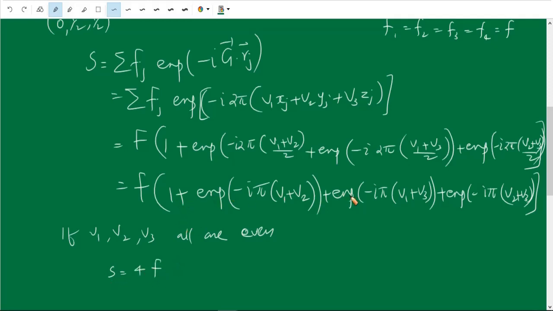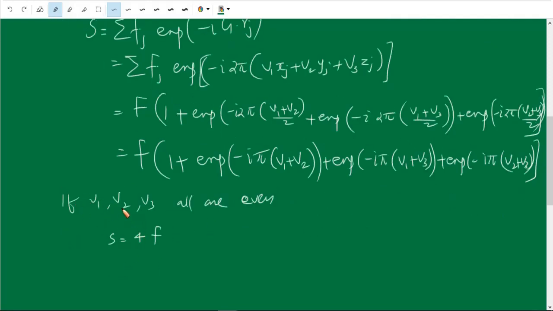Okay, 1 plus 1 plus 1 plus 1, so that is 4 into F. If V1, V2, V3 are all odd, then also S is equal to 4F, because V1 plus V2 will be even, similarly V1 plus V3 also even, V2 plus V3 also even. So if it is even, then exponential minus i pi into an even number will give 1.